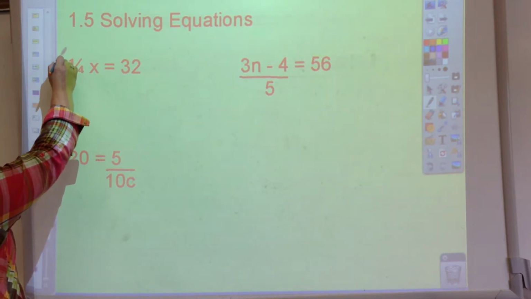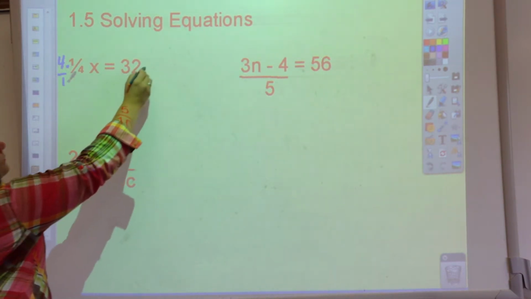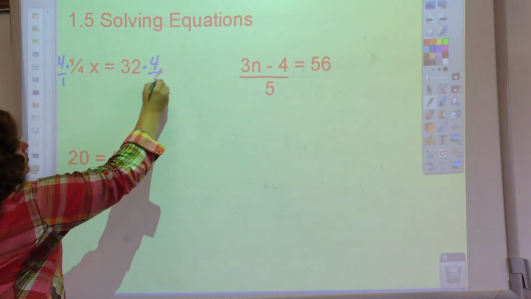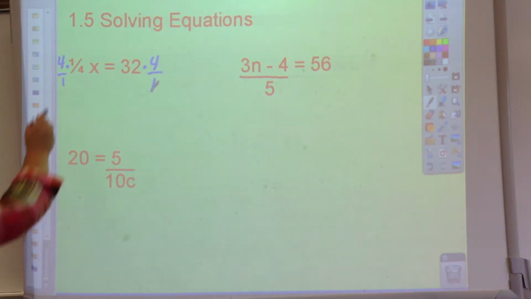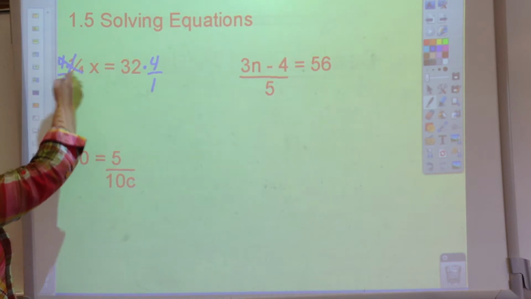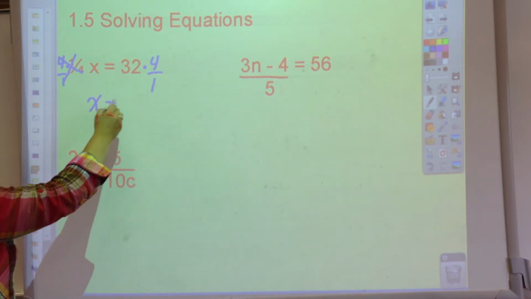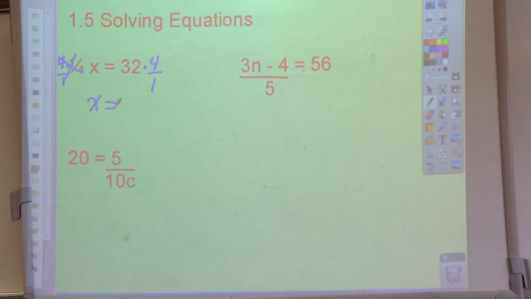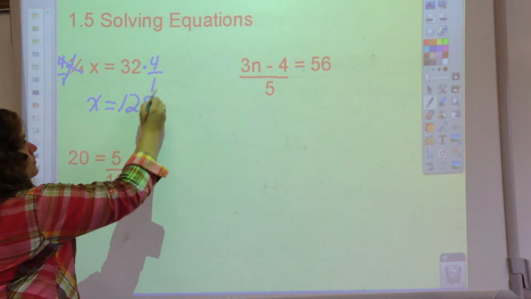When we divide by a fraction, we are actually multiplying by the reciprocal. So over here, these 4's and 1's will cancel, leaving me with x. And over here, I have 32 times 4, which is 128.